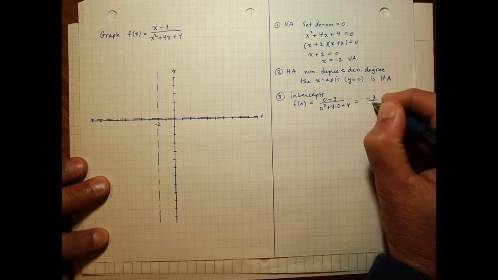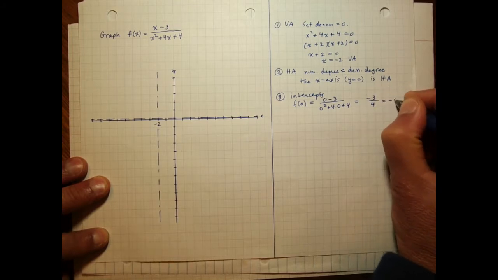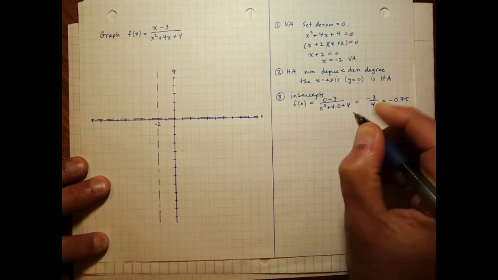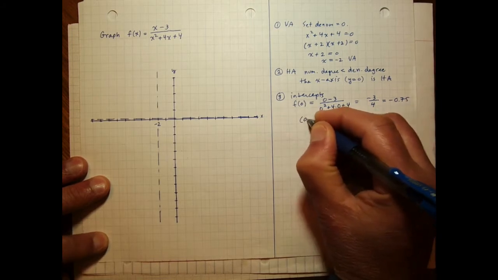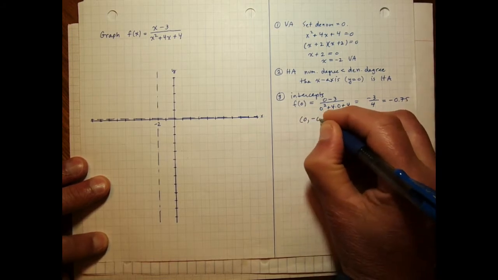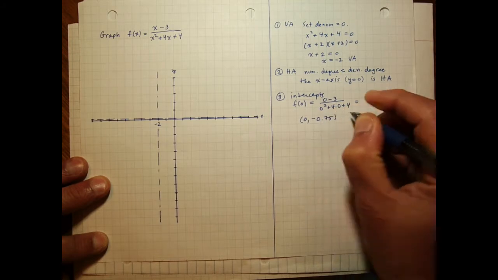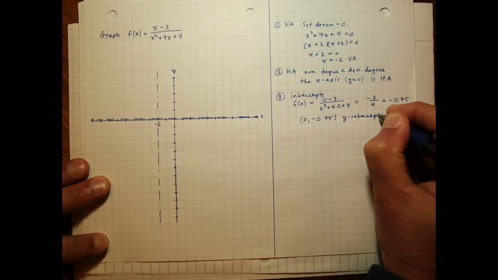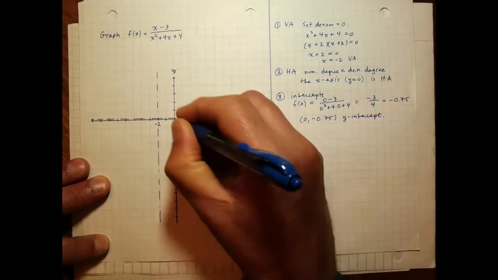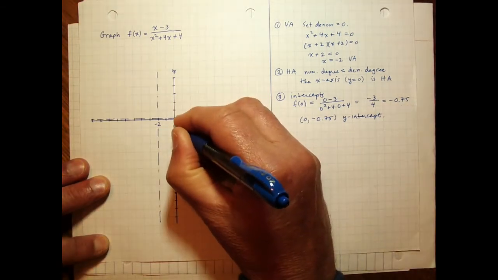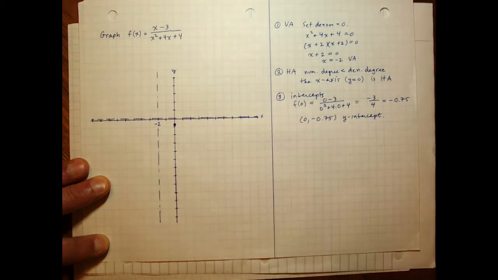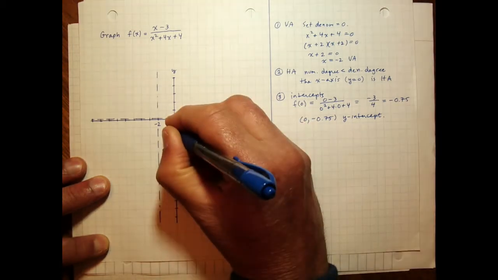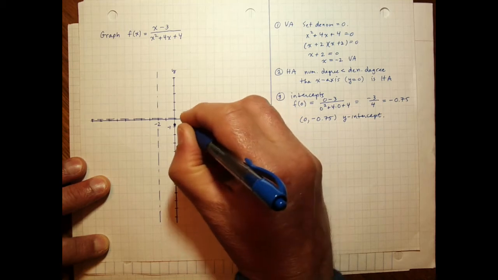That's negative 3 over 4, or negative 0.75. So (0, negative 0.75) is my y-intercept. It's about there on this scale if each square is 1.